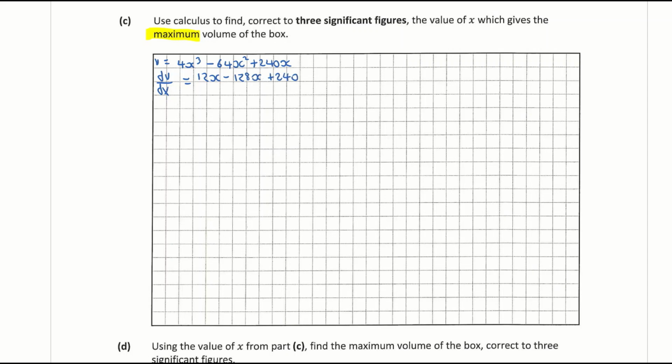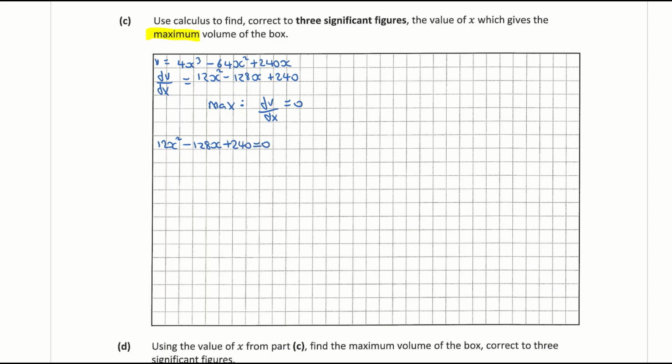That's my constant, and we are looking for the maximum. So that basically means our slope is equal to 0. So dV/dx is equal to 0. So rewriting it, we have 12x squared minus 128x plus 240 is equal to 0.